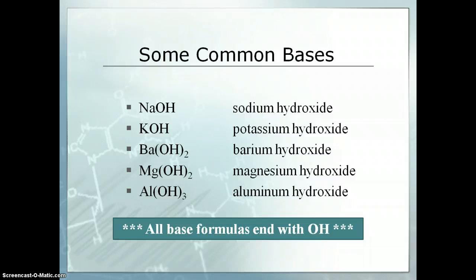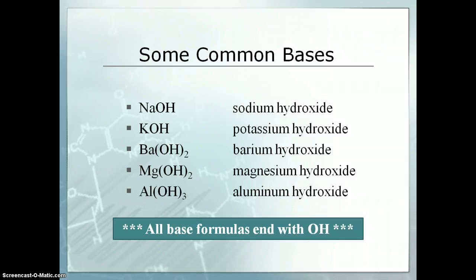Let's look at some common bases. You have NaOH, sodium hydroxide, KOH, potassium hydroxide, Ba(OH)2, barium hydroxide, Mg(OH)2, magnesium hydroxide, and Al(OH)3, aluminum hydroxide. Just like the common acids, we don't need to memorize these specifically, but it's a good idea to be able to recognize them.